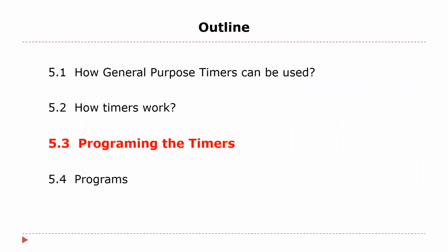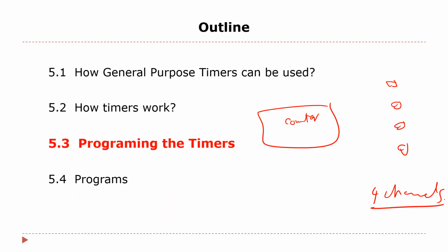What it means is that we have one counter. And for example, in one timer, we have 4 channels. Every channel has a pin. So this is a pin, this is a pin, this is a pin, this is a pin. You can program all of these channels as output compare or input capture.